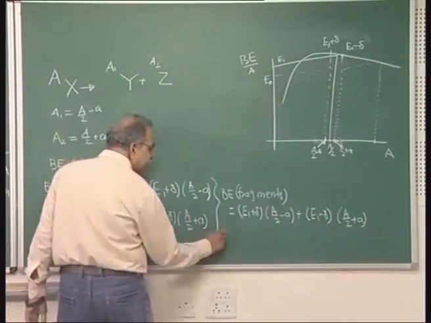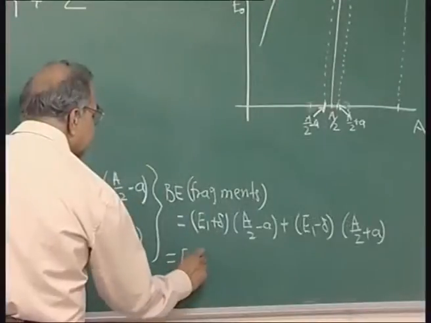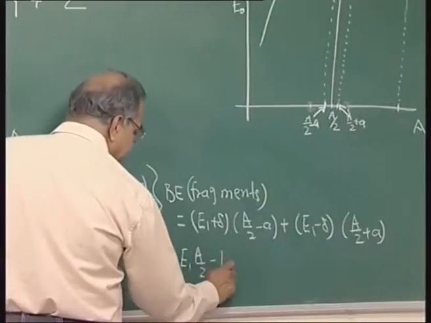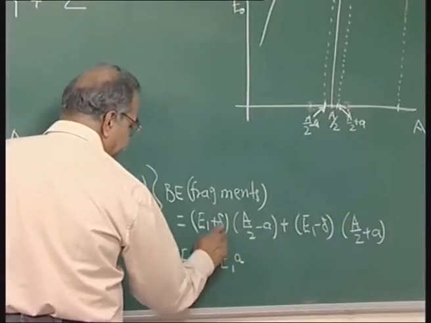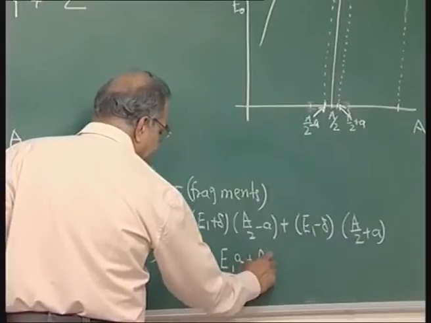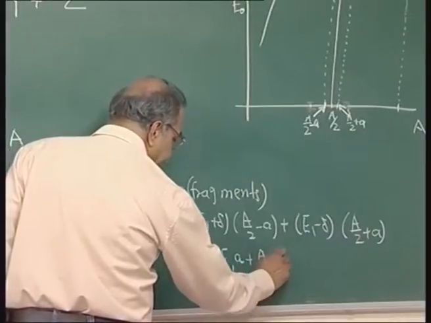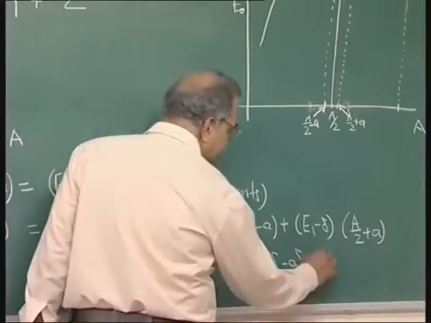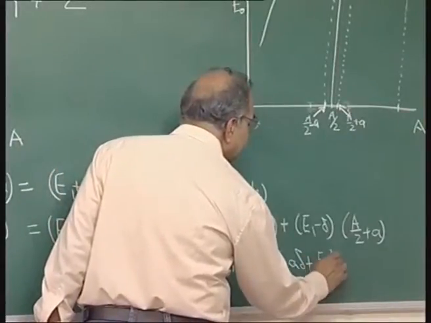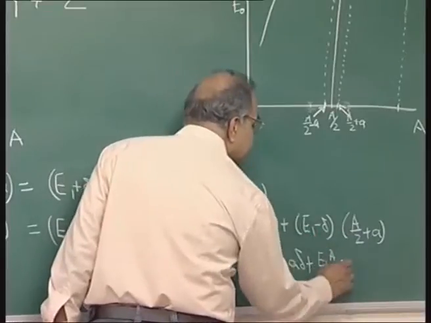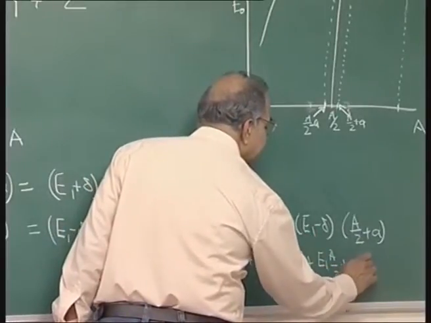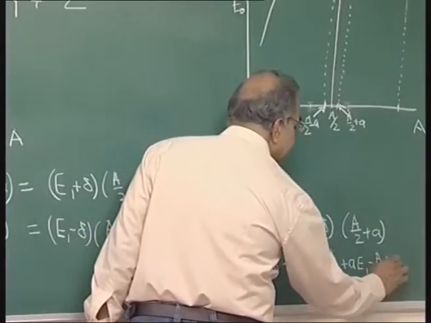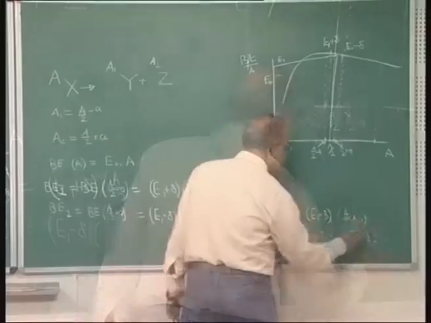This you can expand, it is E1 times A by 2 and minus E1 times a, plus A by 2 delta and minus a delta, and similarly the other bracket E1 times A by 2 and plus a E1, then minus A by 2 delta and then minus a delta.